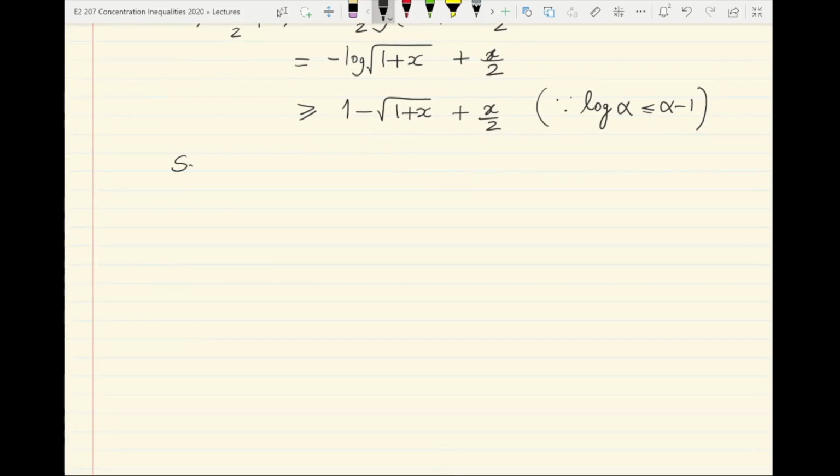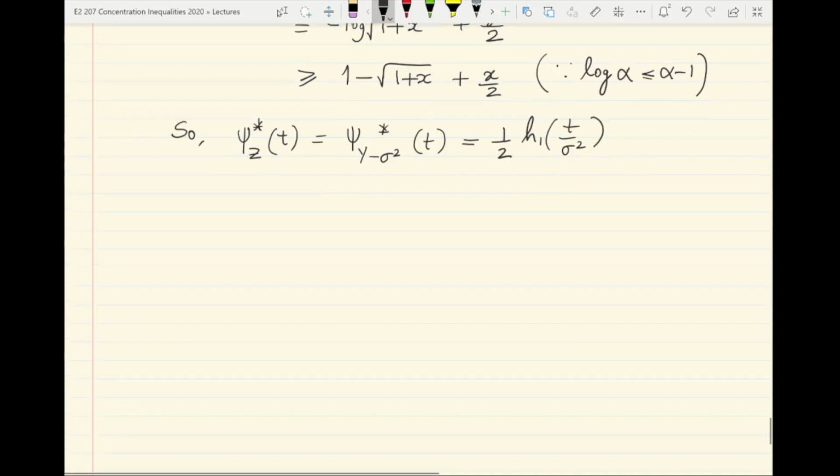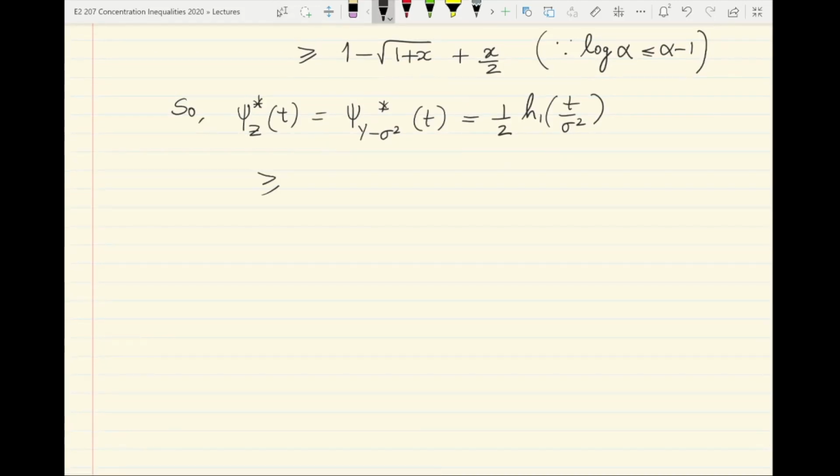So using this, we get that the Cramér transform of z at t, which is the same as psi y minus sigma square star at t, which was earlier found to be half h1 of t by sigma square, using this bound is at least 1 plus t by sigma square minus square root of 1 plus t by sigma square.